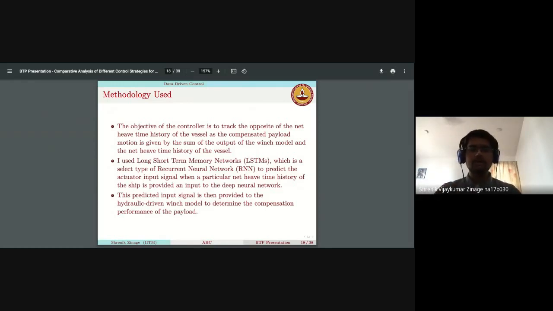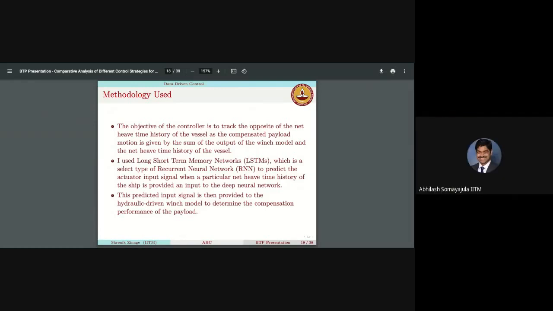But the reason why I wanted to use data-driven control is I wanted to check whether, based on the data itself, I am able to control the system. The reason I'm doing it is that it has not been done yet.